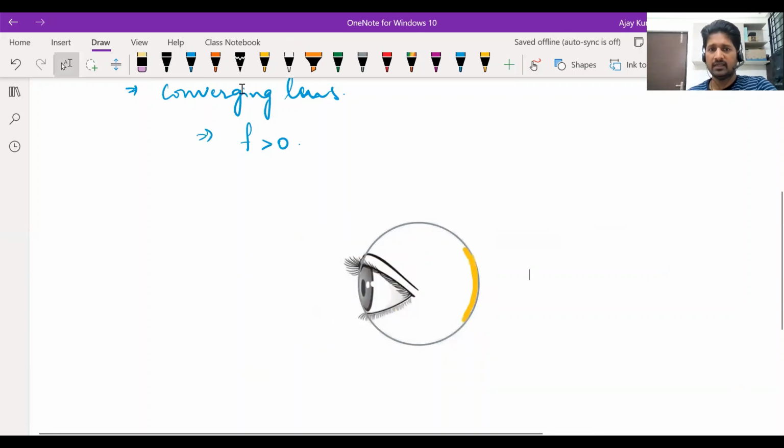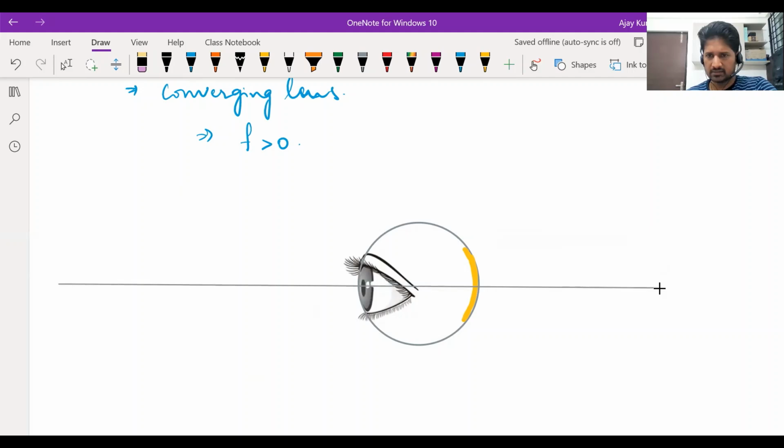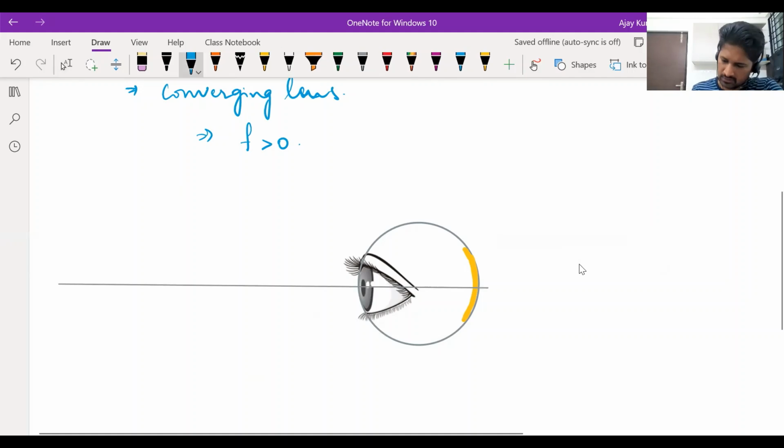Now see, your eye helps you look at many different objects which are at different distances from you, right? So visualize the principal axis. Assume this is the principal axis. You know where the lens is. So this point effectively is the optical center P. Okay.